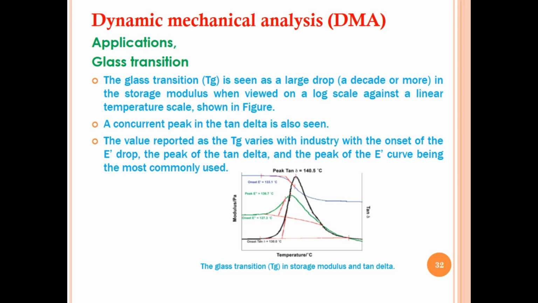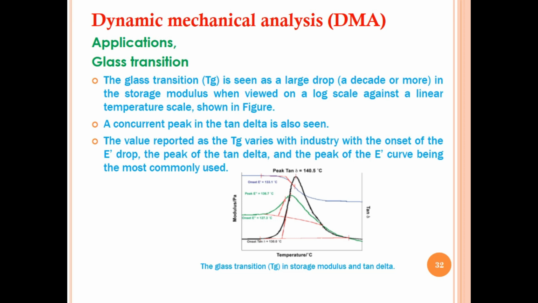The value reported as the Tg varies with industry: the onset of the E' drop, the peak of the tangent delta, and the peak of the E'' curve are the most commonly used. We have already discussed E prime and E double prime. In this figure, you can see the modulus drawn against the temperature, and on the other side the tangent delta.